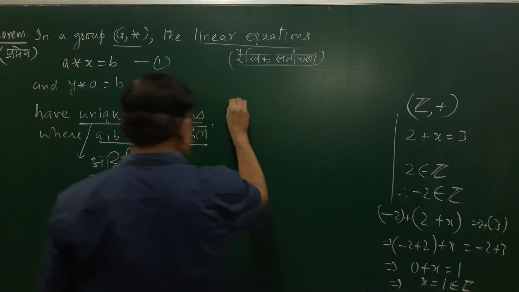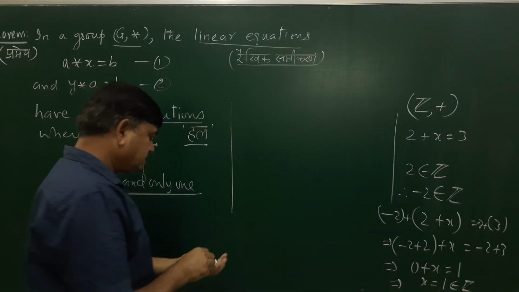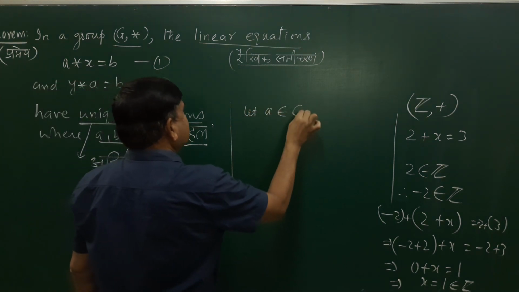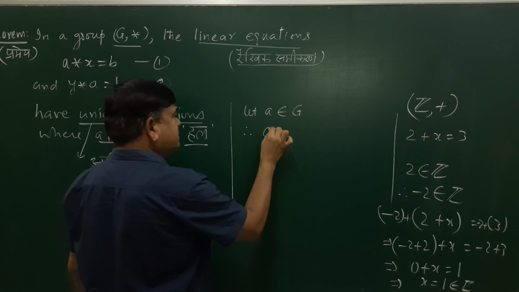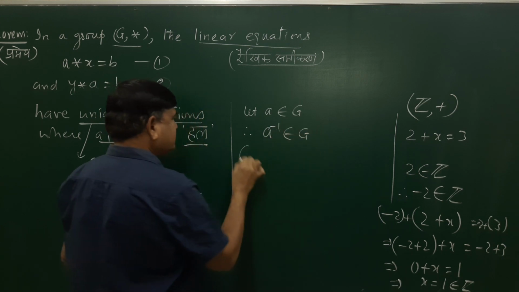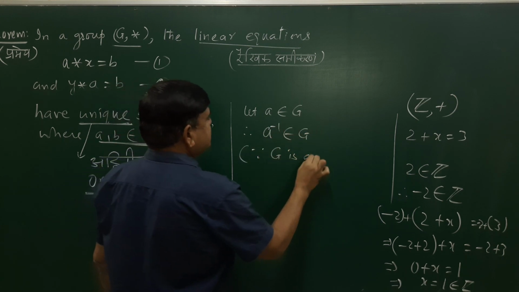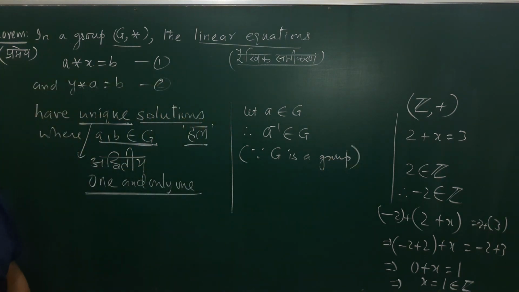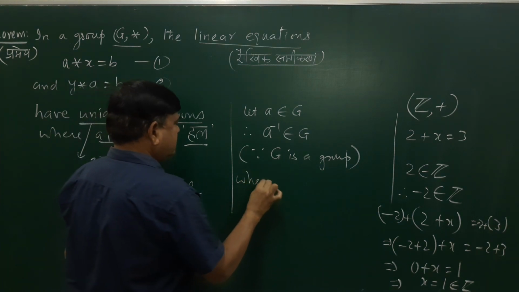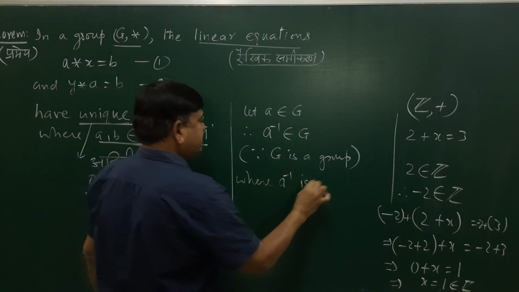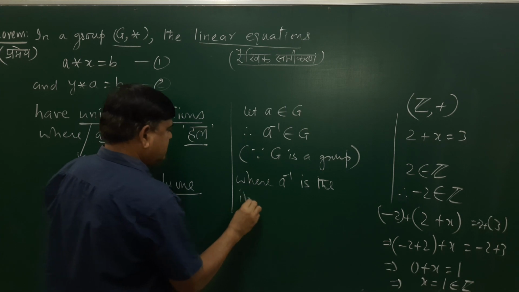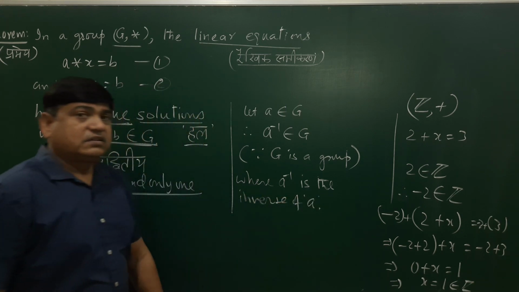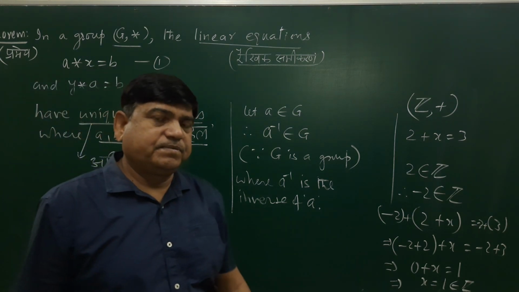So continue this. Let A belong to Z. Therefore, since Z is a group, where A inverse is the inverse of A. Clarity होनी चाहिए.